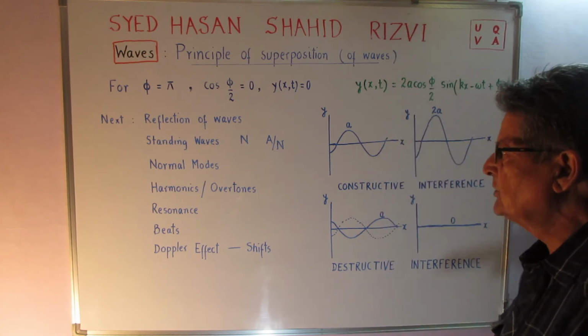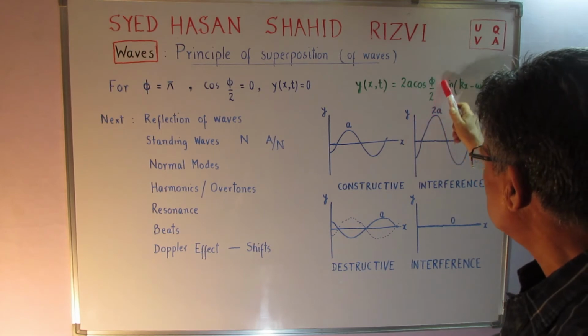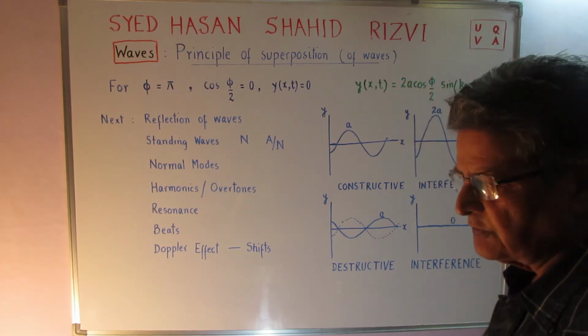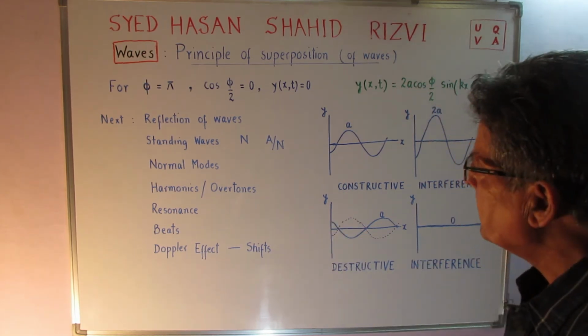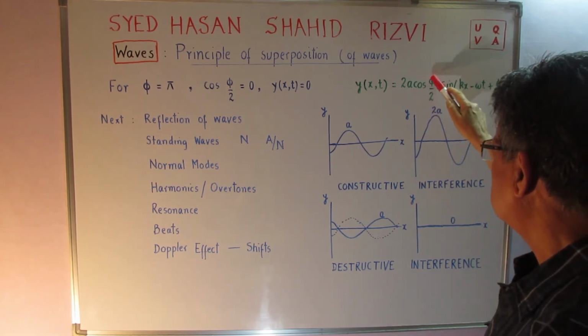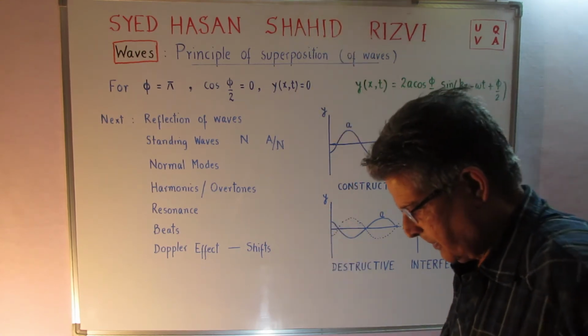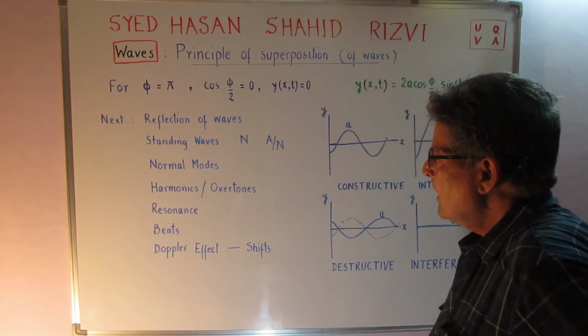We discussed the case when phi is equal to 0. Then this quantity becomes equal to 2a, because cos 0 is equal to 1. Also, if phi is 2 pi, then also the value turns out to be equal to 1.